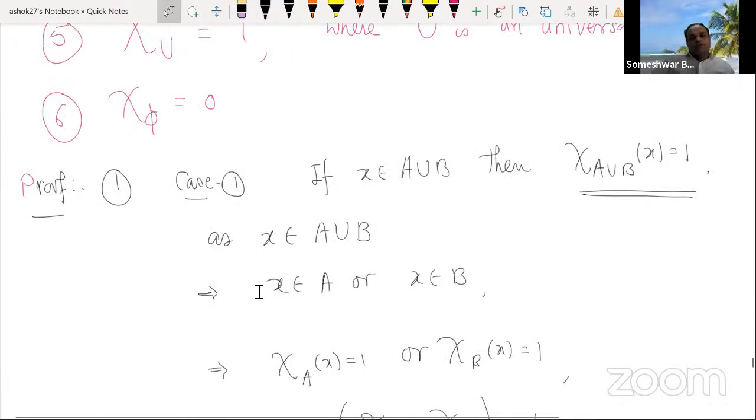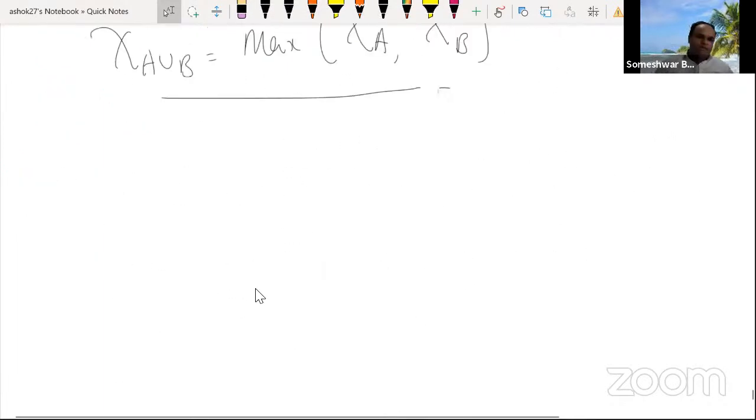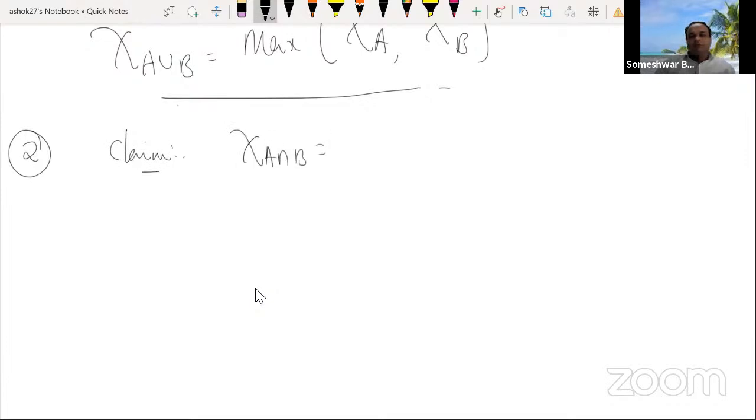So, proof of the second property. What is our claim here? Our claim is that chi of A intersection B is equal to the minimum of chi of A and chi of B. That is what we have to prove.